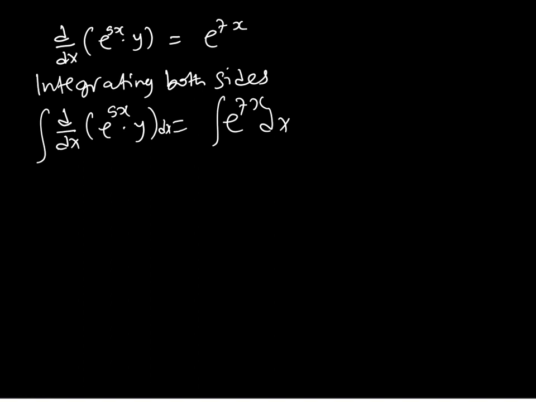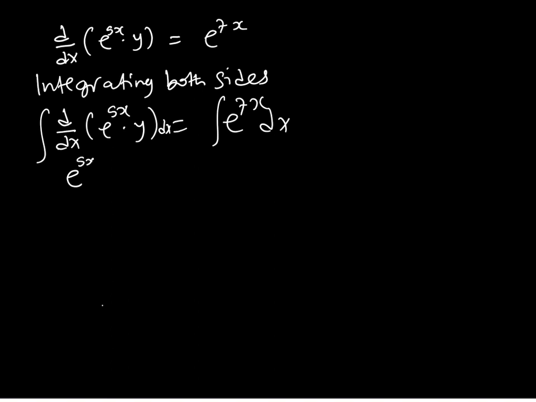This d by dx of the bracket shows we are differentiating, and the integral sign and dx show that we're integrating. But integration and differentiation are exactly the same, except one is the opposite of the other. So when you're integrating and differentiating at the same time, you just end up with the function. There is no effect.